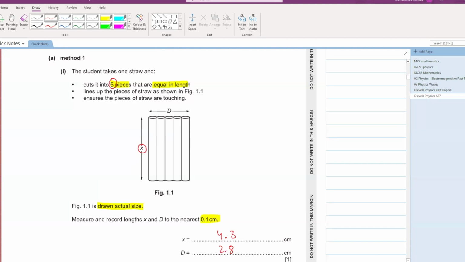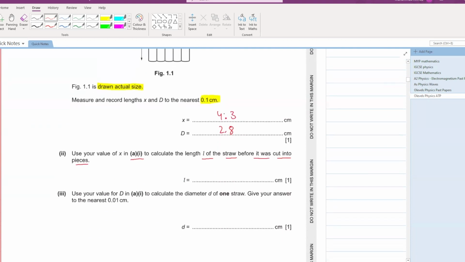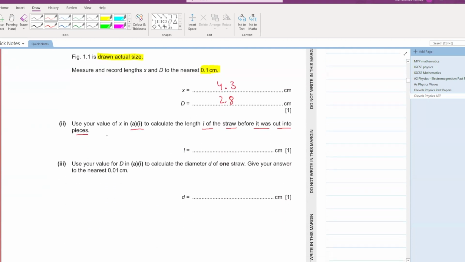The length of each piece is 4.3 centimeters. So the complete straw will have a length of 4.3 times 5, which equals 21.5. So 21.5 centimeters is the total length of the straw.